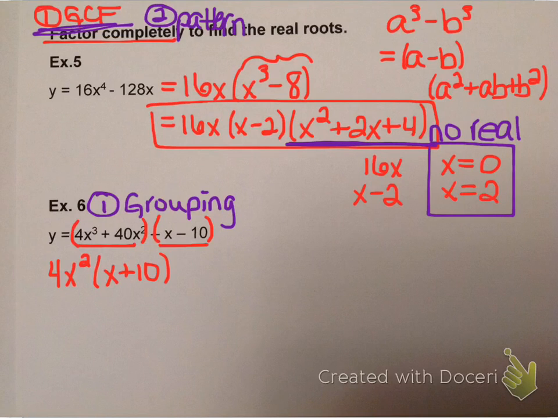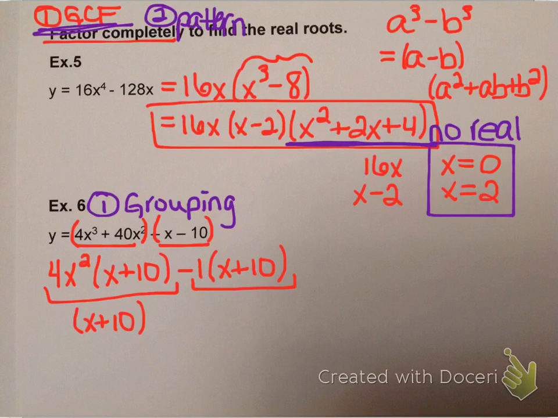And then the GCF for the second group is a -1, and it also leaves behind an x plus 10. And now this group and this group have a common factor, and that common factor is the x plus 10. So you pull that x plus 10 out, and when it's gone from each of the two groups, you're left with a 4x squared minus 1.